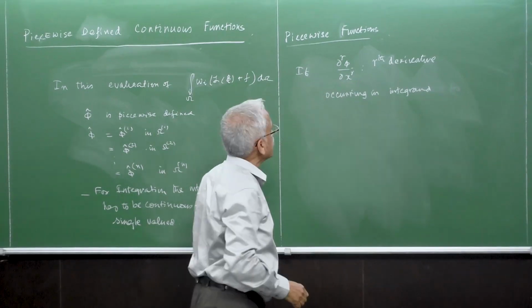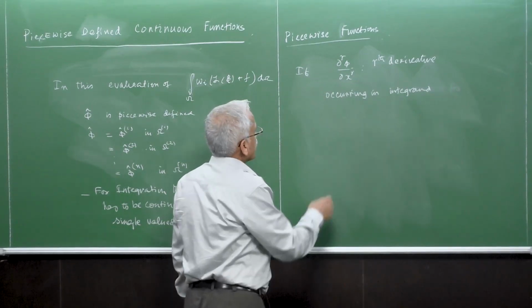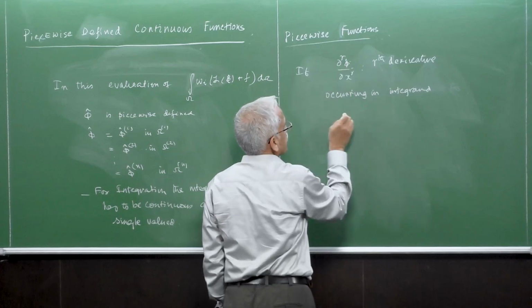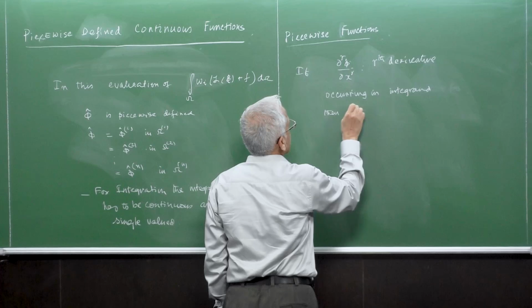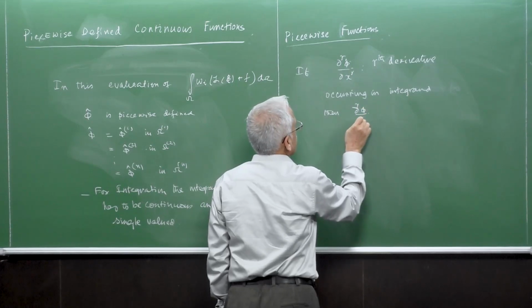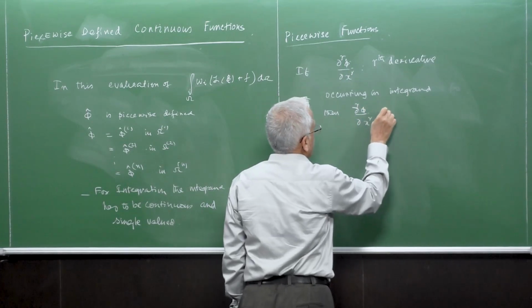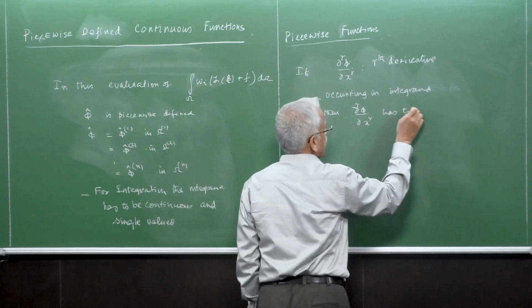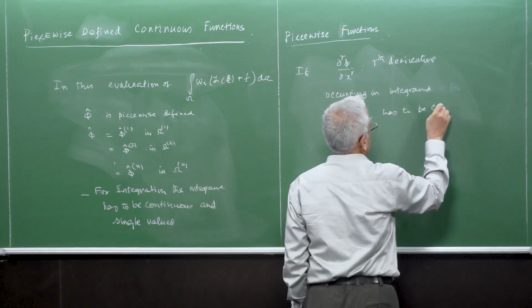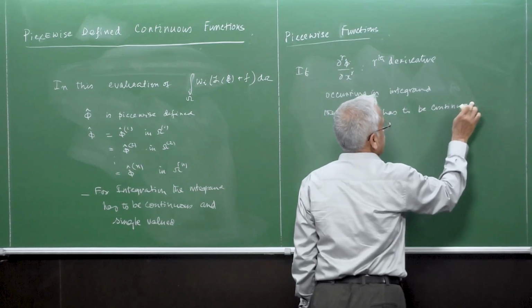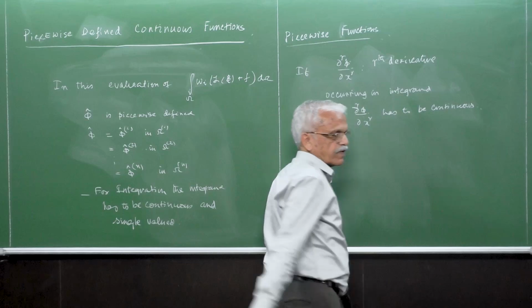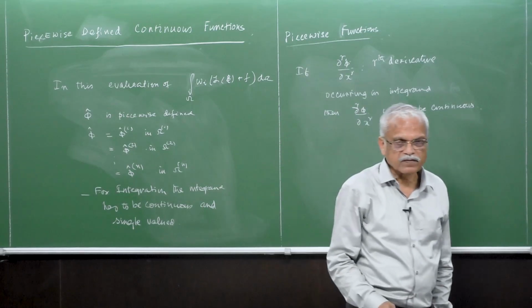that means this phi hat has to be this phi hat here, then the rth derivative has to be continuous. So in the integrand, it is not just the function, but it is the derivative that is appearing there.